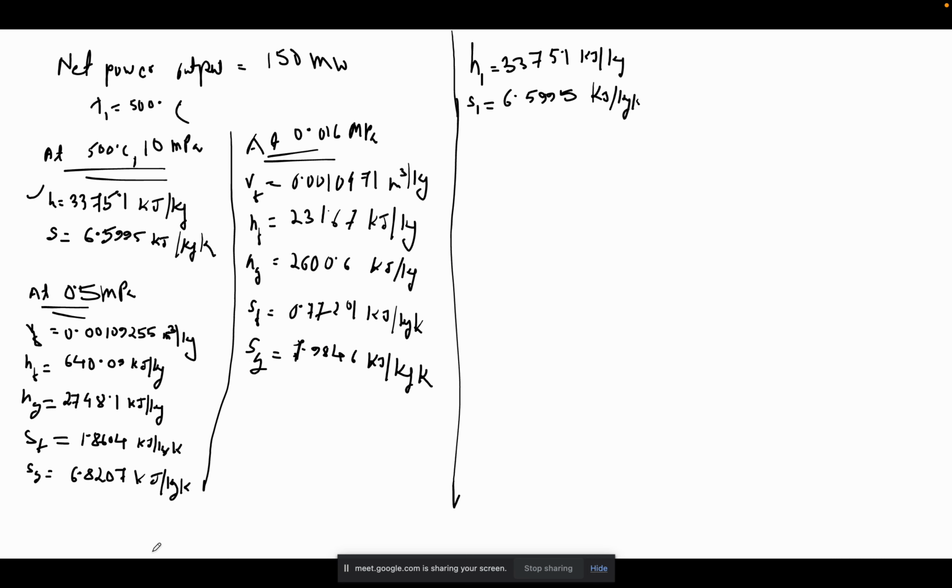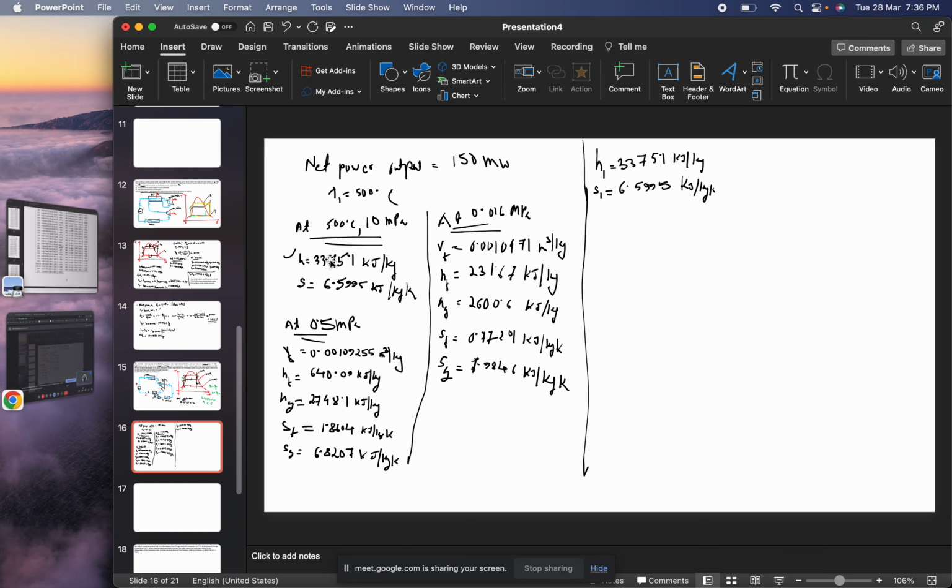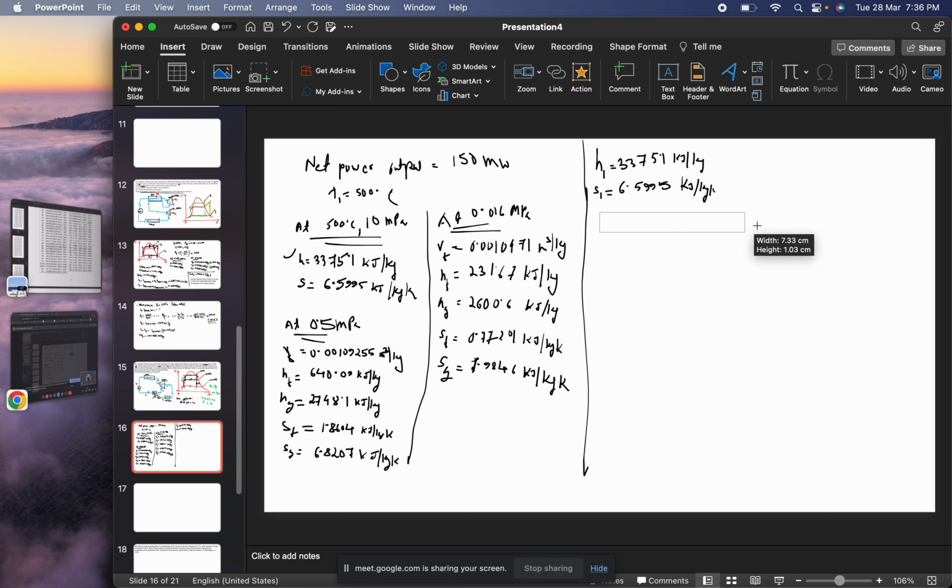So what I should do here, basically, we don't know whether the extracted steam is superheated or saturated. Okay, so first we need to find this out, and then we should go for our diagram. Whether it is correct or not, we'll get to know.